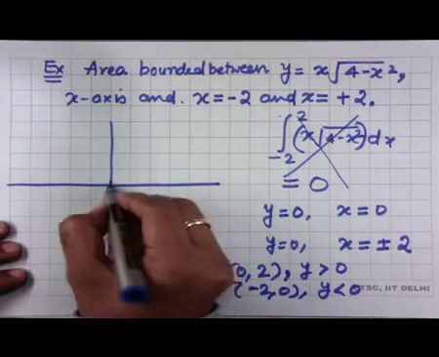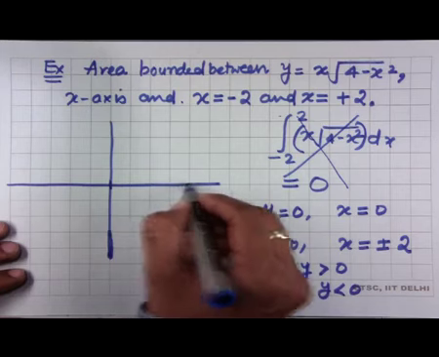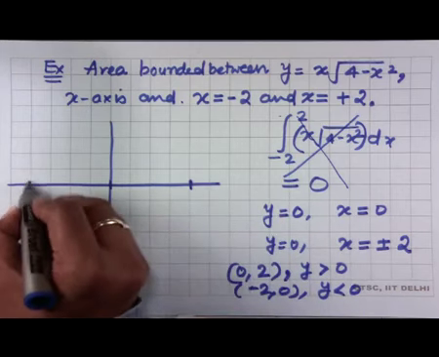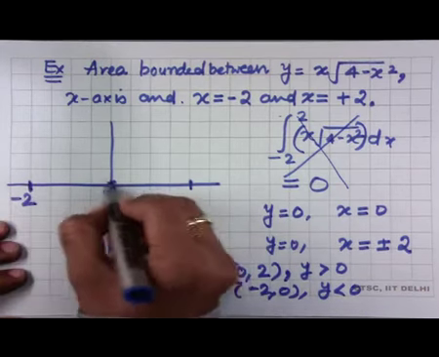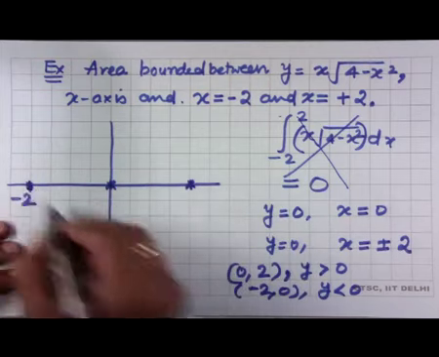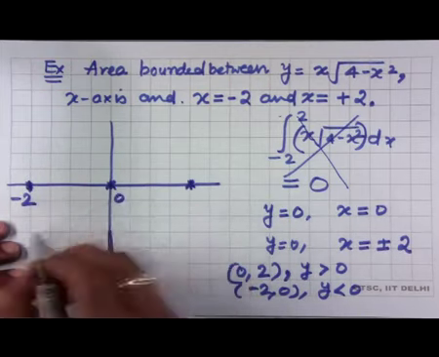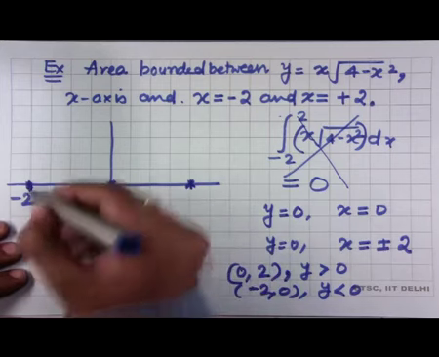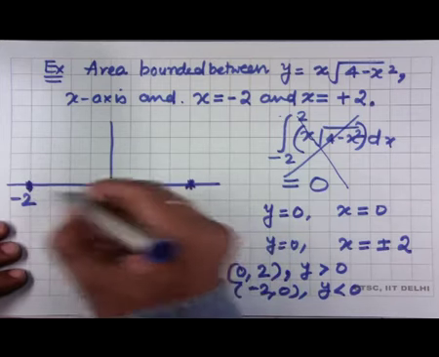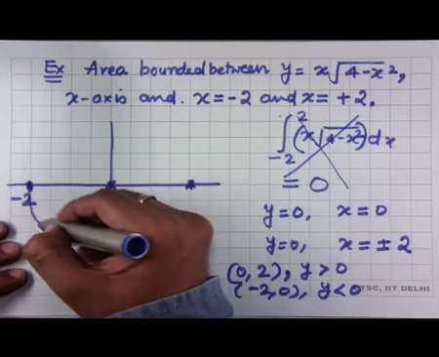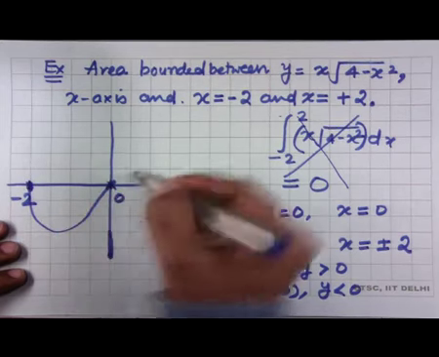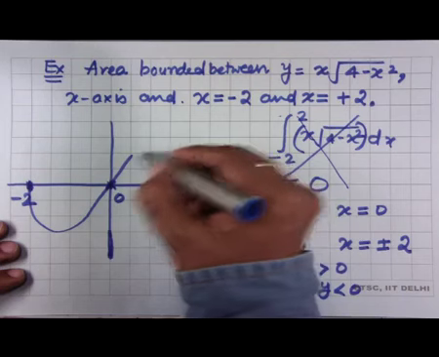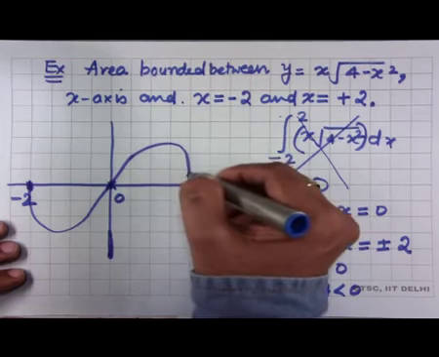So it vanishes at 0, 2 and minus 2. The curve vanishes here, here, here, and from minus 2 to 0 it is negative, and from 0 to 2 it is positive. So we can have this kind of shape because it is continuous also.